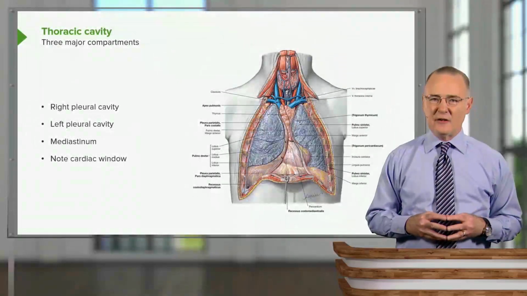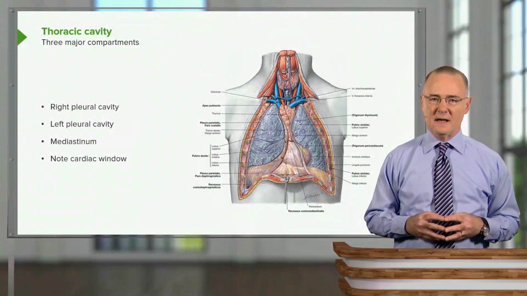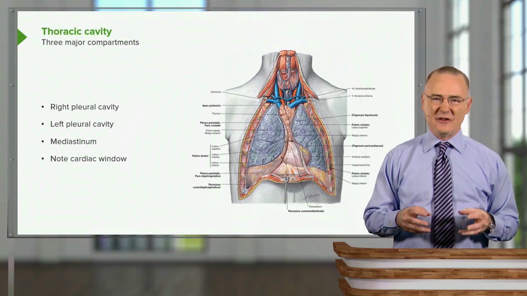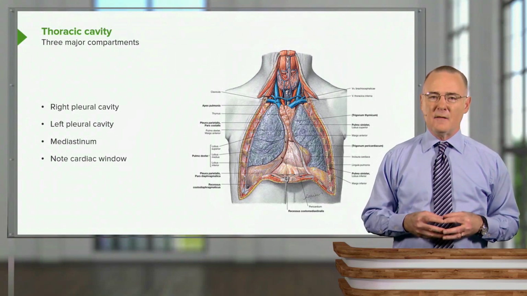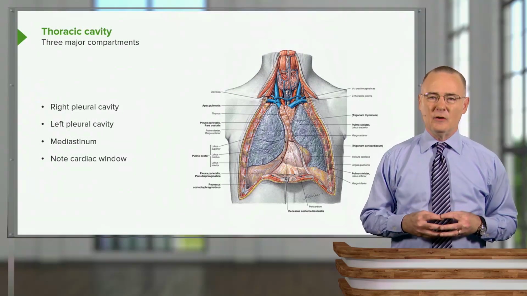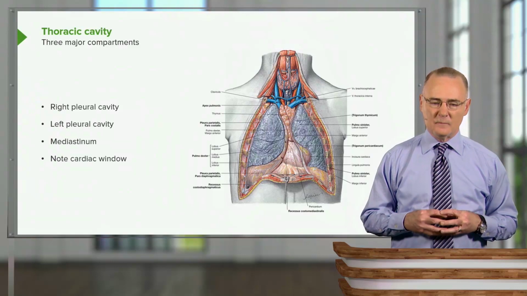This allows access to the heart if an intracardiac injection needs to be administered. It also provides access to the heart if there's fluid accumulating within its pericardial cavity, and that fluid has to be withdrawn.